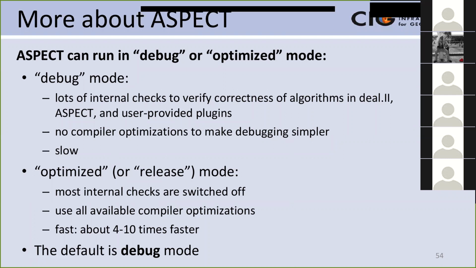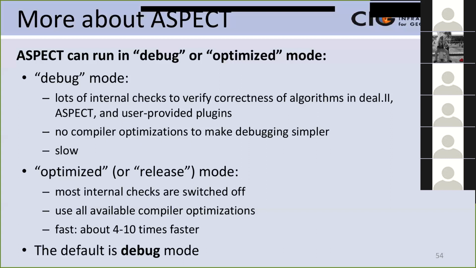It will also run faster if you don't run it in a virtual machine, but on a more powerful computer outside a virtual machine. But the most important thing that you absolutely need to know is that there's a debug mode and there's a release mode or optimized mode. The debug mode is slow, very slow. And why, you might ask?